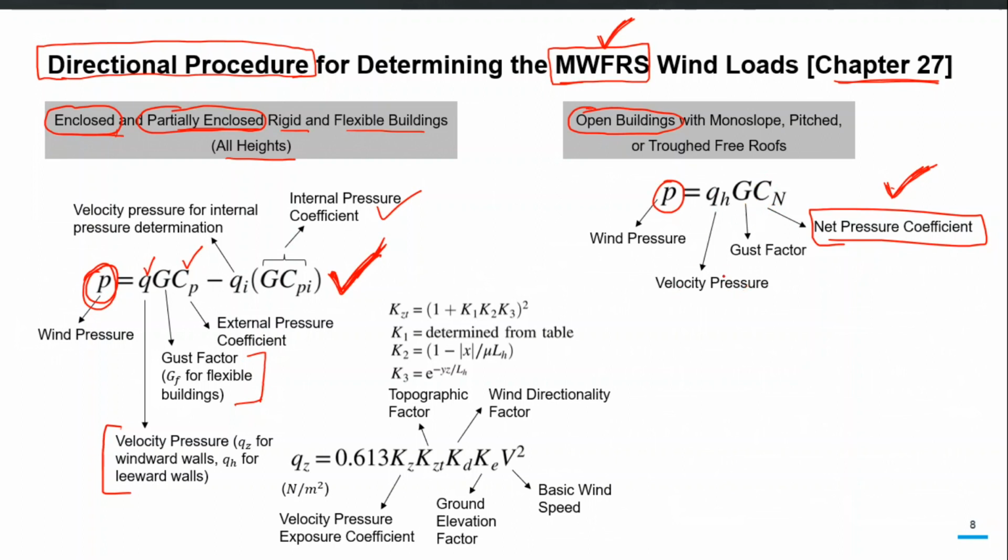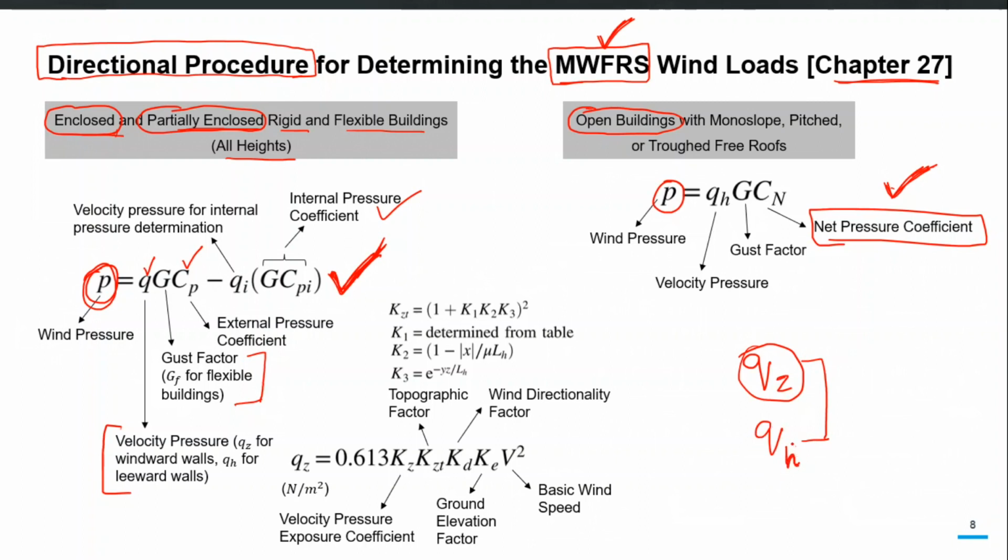There are two symbols which are used for velocity pressure. One is Q sub Z and other is Q sub H. So actually it is same thing, both are velocity pressure, but they are determined at different heights. Q sub Z means that this pressure is determined at any general height which is equal to Z. But Q sub H means that it is the same wind pressure but determined at the roof of the building.